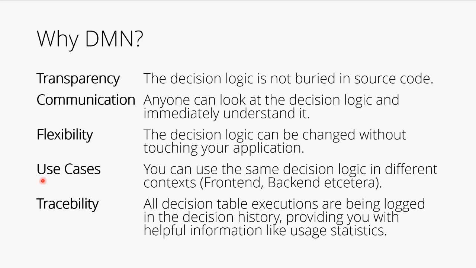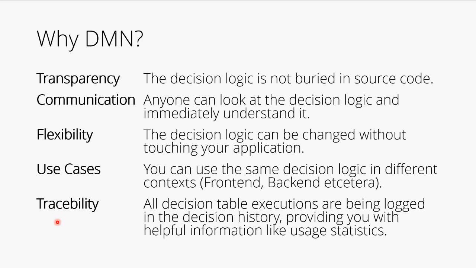Yes, and then we have the matter of traceability. So this means that, and that's of course especially interesting again when we are talking about more complex business critical decisions, we have traceability. So this means that whenever you execute a decision table and you have configured the Camunda DMN engine accordingly, those executions will be logged.